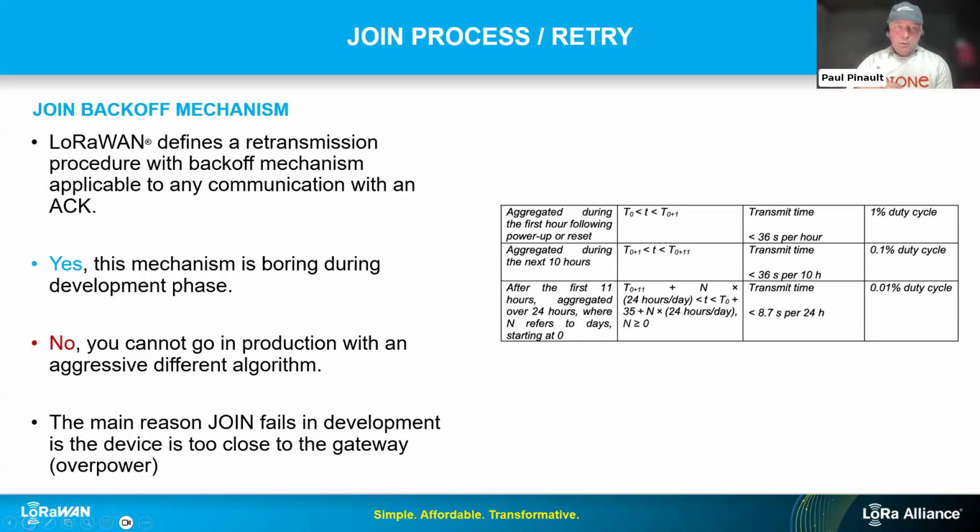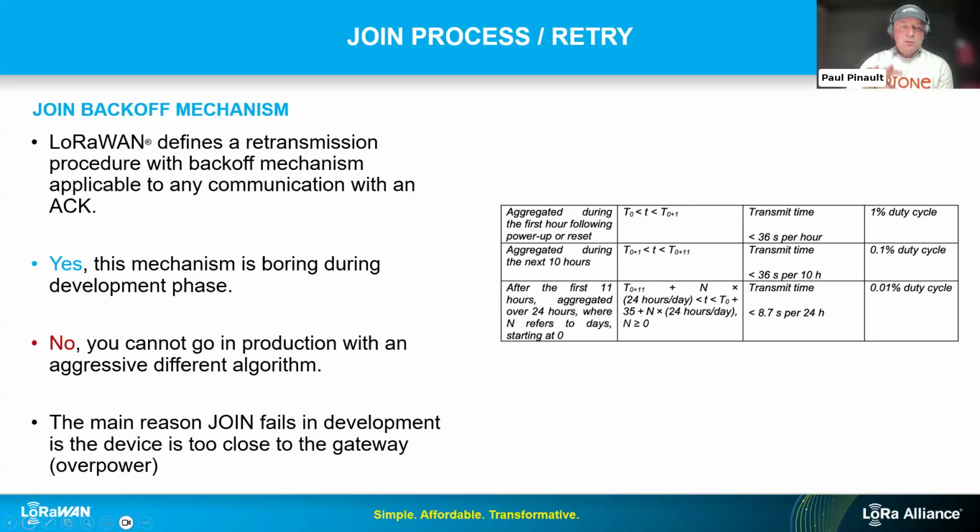In fact, for any action that requires an acknowledgement, for the first hour, you may have a 1% duty cycle, and it's not regulation, it's really a recommendation for the LoRaWAN implementation. After 1 hour, it's 0.1%, and after 10 or 11 hours, it's 0.01%. This explains why my car has difficulties to rejoin once the communication has been cut, as in my previous example.